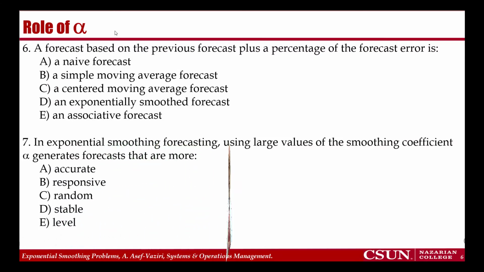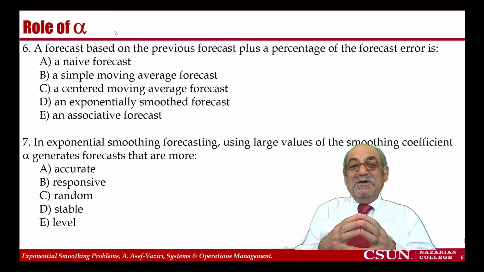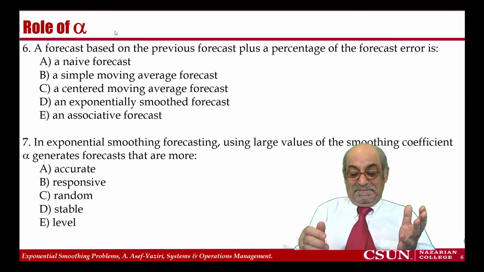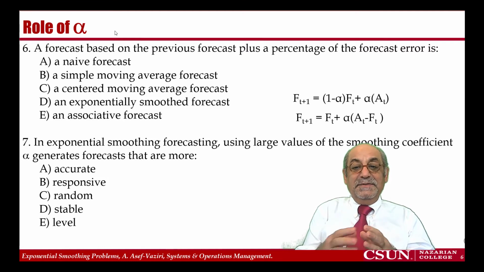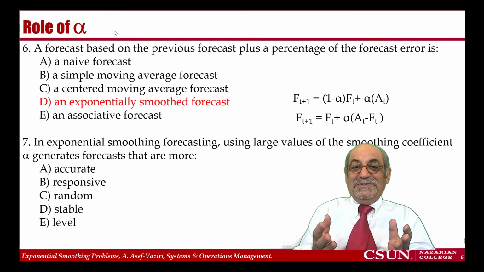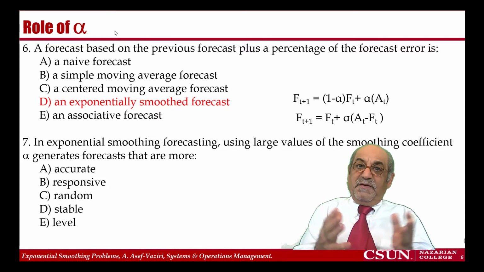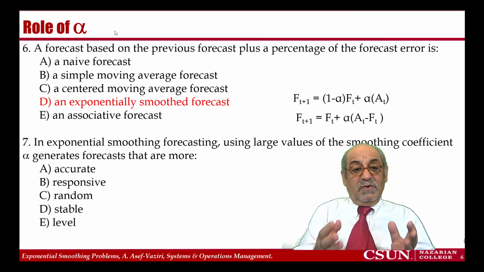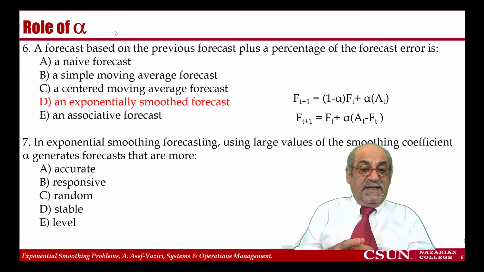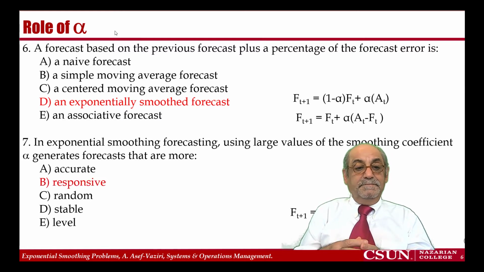A forecast based on the previous forecast plus a percentage of forecast error is this, and that is what is the result of large alphas. Obviously, alpha cannot go more than 1. It makes our forecast more responsive, less stable.